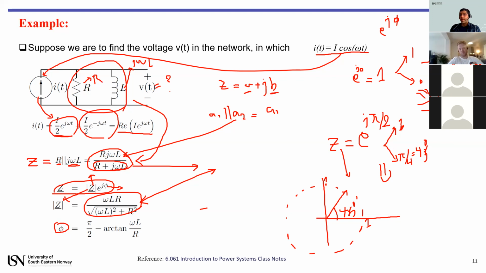The amplitude again is 1 because everything here is amplitude. You are just changing the phase, not the amplitude. I started from 0, then pi over 4, pi over 2. So the phase will be pi over 2, and with the angle, it will be 90 degrees.